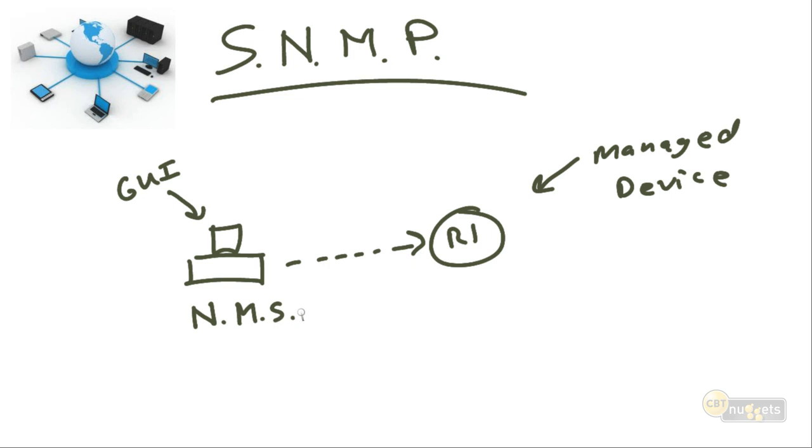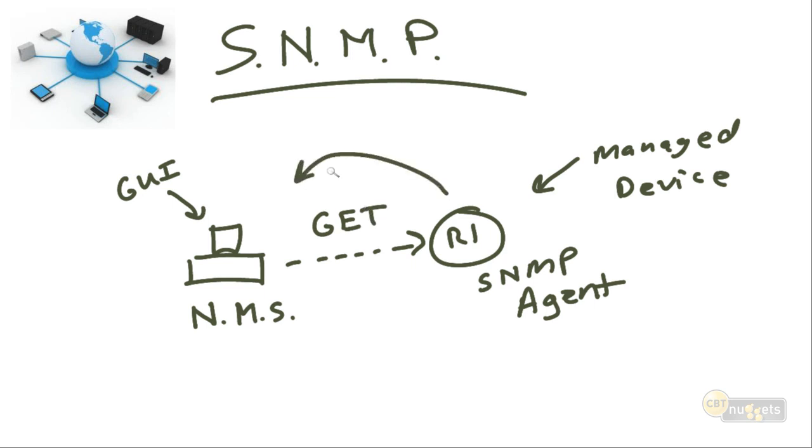Now, this managed device is running specialized software, which we call the Simple Network Management Protocol Agent. So there is software called the agent software running on this managed device. The network management station sends GET requests to obtain information from the managed device.